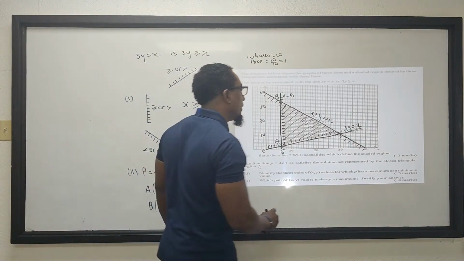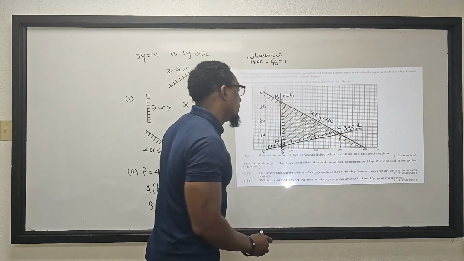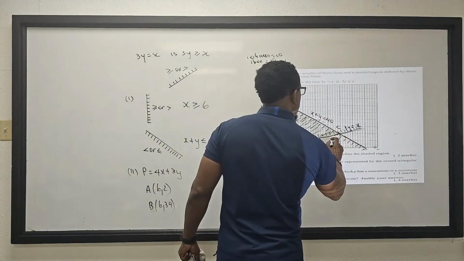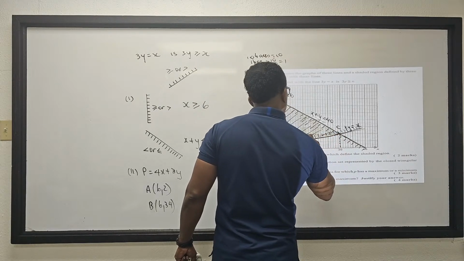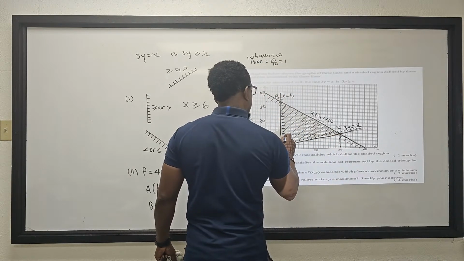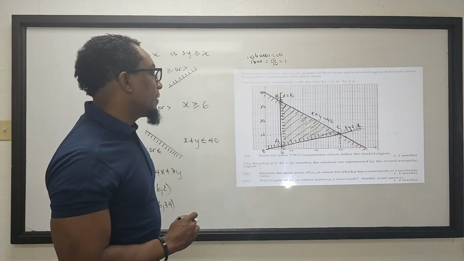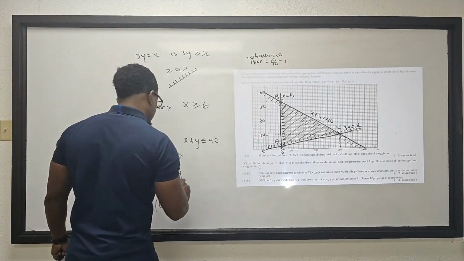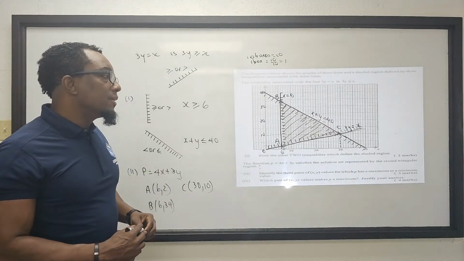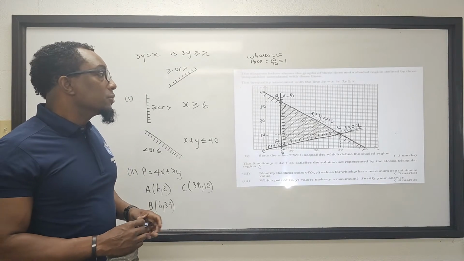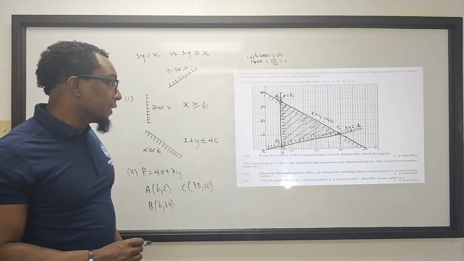And C, we call that C. This will be 30, and that looks like about 30, 10. C is 30, 10. So identify 3 pairs of x, y values for which p has a maximum or minimum value. Those are your 3 pairs of x, y values, using the vertices of the satisfied region.